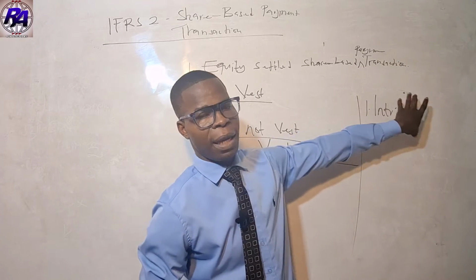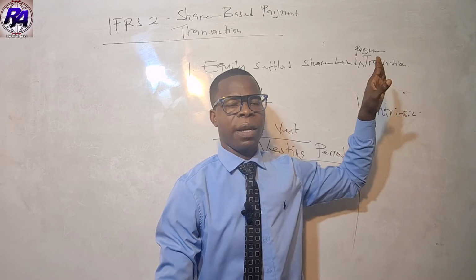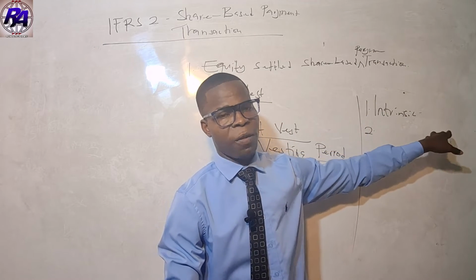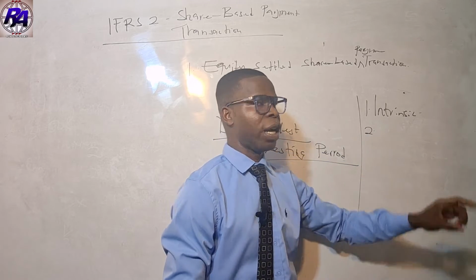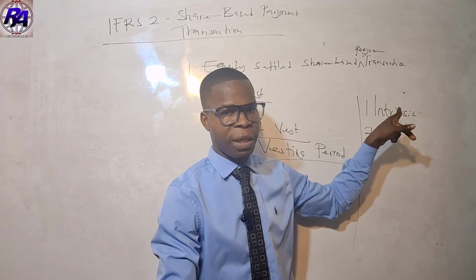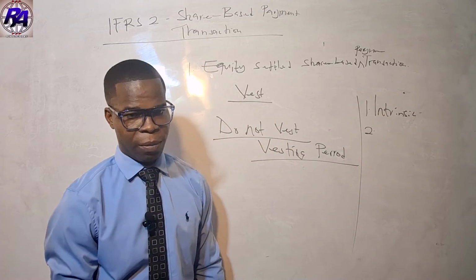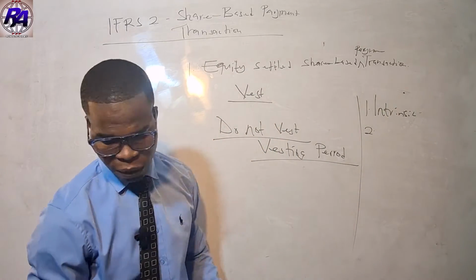So if we cannot determine the fair value of the share price of the equity instrument, then we have to look at the usage of intrinsic value or the number of shares that will vest during the vesting period. That is for that one.